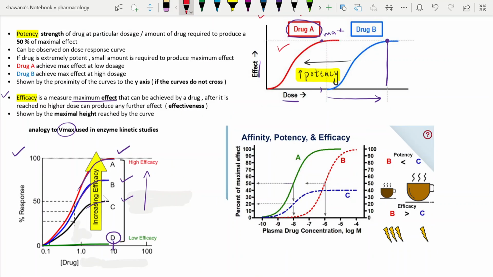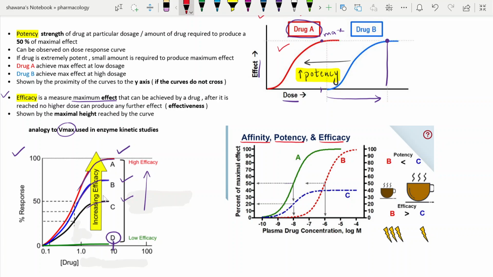Let's see this graph in which the affinity, potency and efficacy are shown simultaneously. What is affinity? Affinity is the ability of the drug to bind to the receptor. What is potency? Potency is the strength of the drug at a particular dosage. And what is efficacy? Efficacy is the maximum effect a drug can achieve.